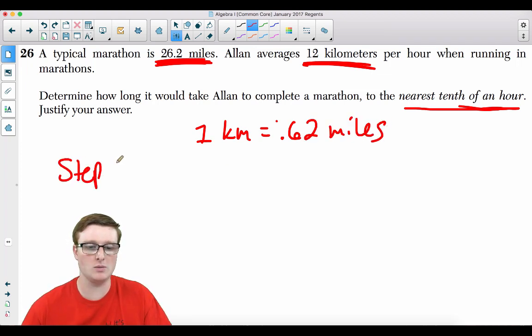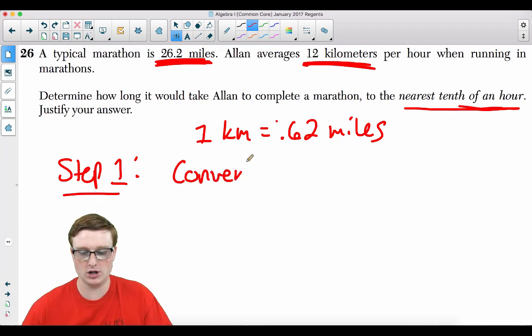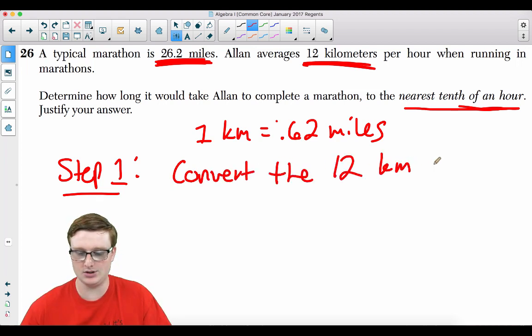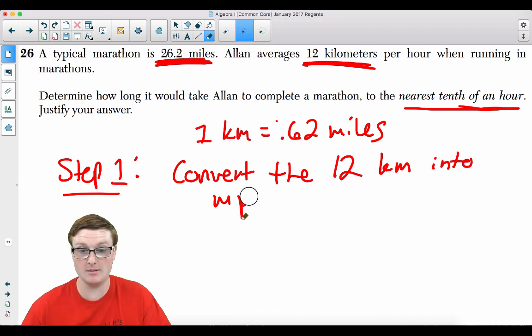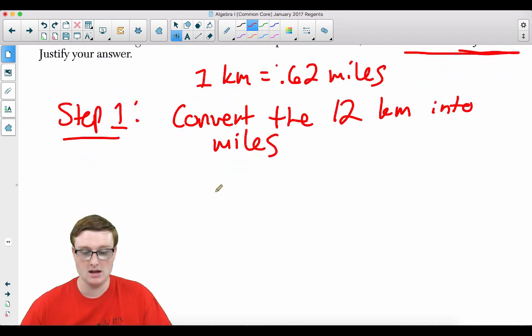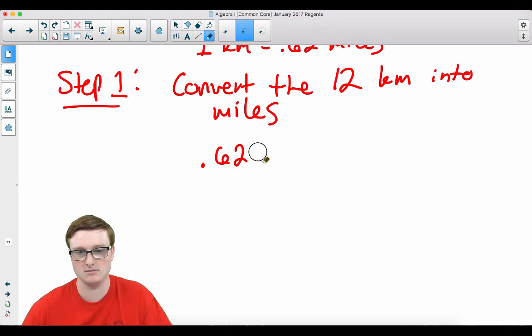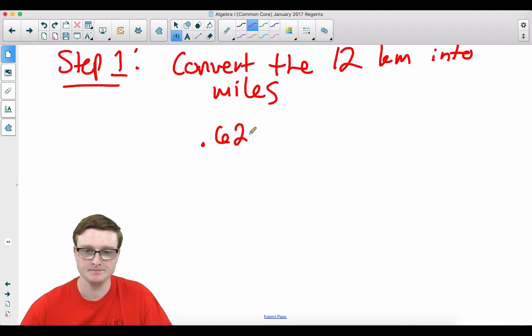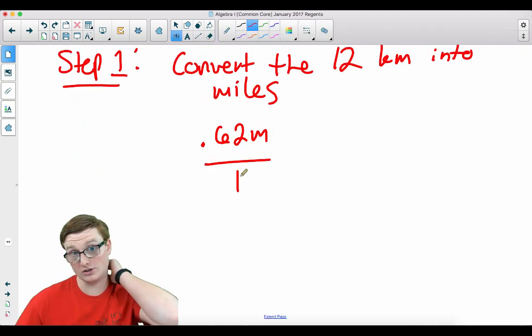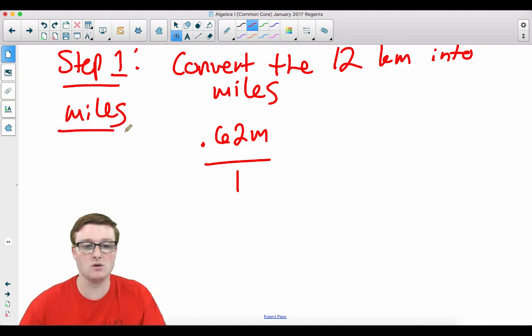So here's step 1. We need to convert the 12 kilometers into miles. So, how do we do that? Well, we need to take 0.62 miles over 1 kilometer, because this is all miles over kilometers.